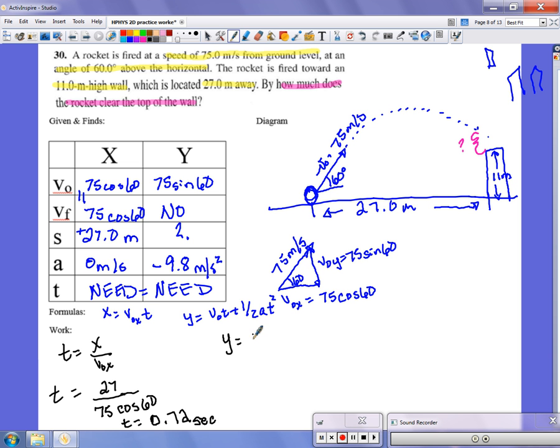V naught is 75 times the sine of 60. We're going to multiply that by 0.72, and then add 1/2 times negative 9.8 times 0.72, and make sure that you square this.